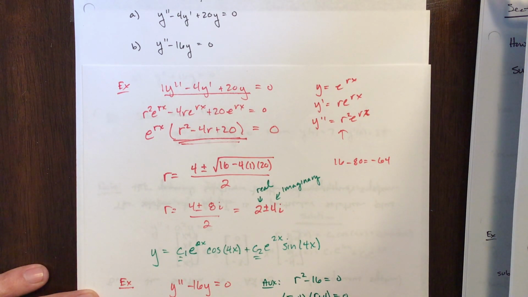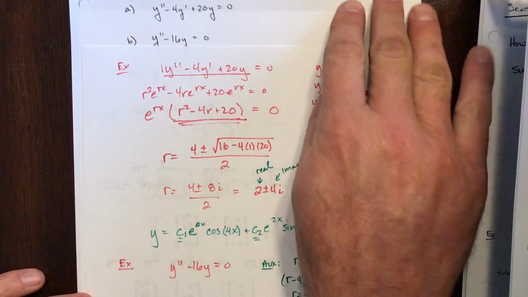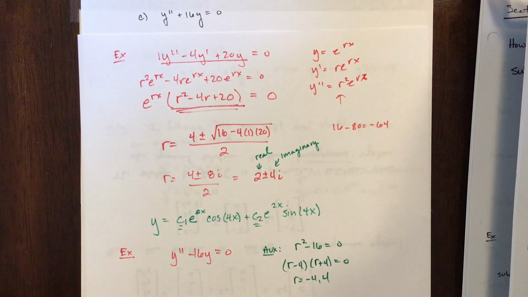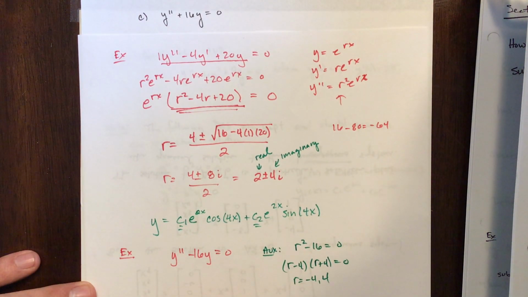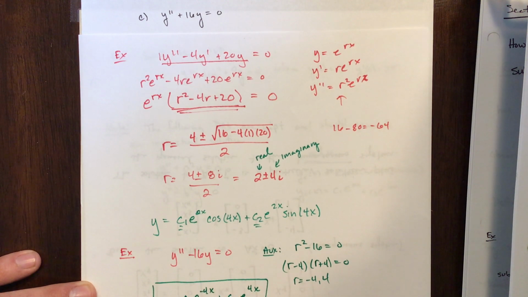So that's r equals negative 4 and 4. And now we have distinct real roots. So looking back at our previous video, with distinct real roots, you get e to the first root, negative 4x, and e to the other root, 4x. Again, second order differential equation, two arbitrary constants.